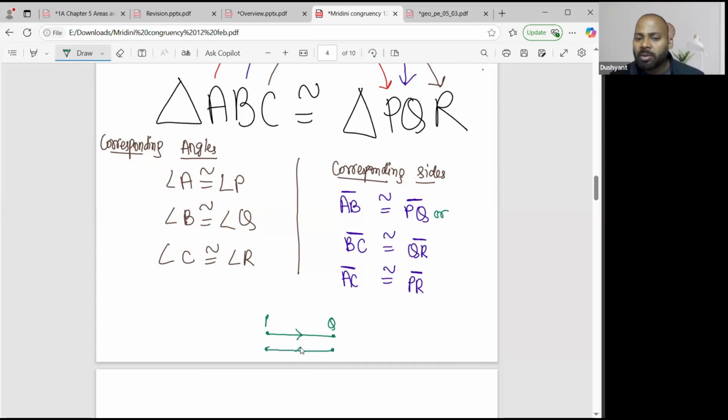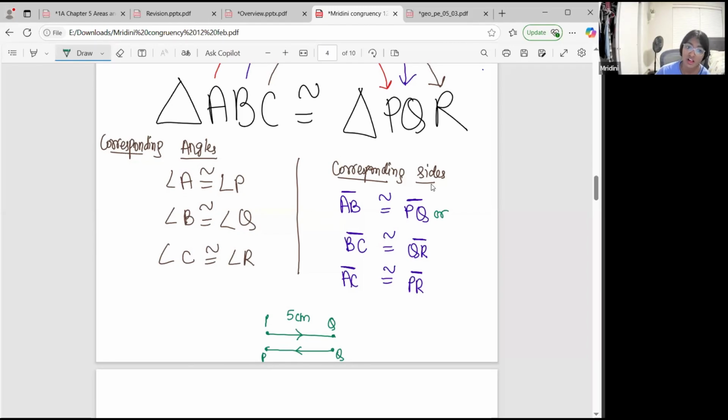No, right? There will be no difference in the measurement. If this is 5 centimeters, this will also be 5 centimeters. The measurement will not change if I measure from Q to P, or A to B or B to A.